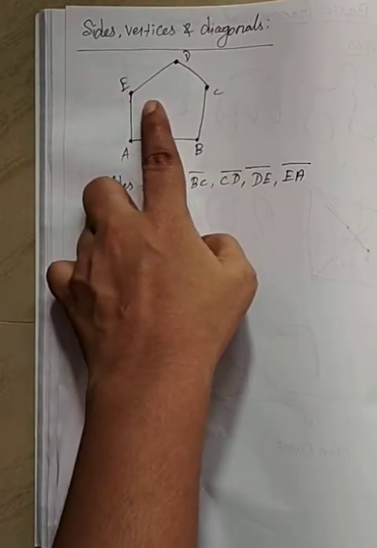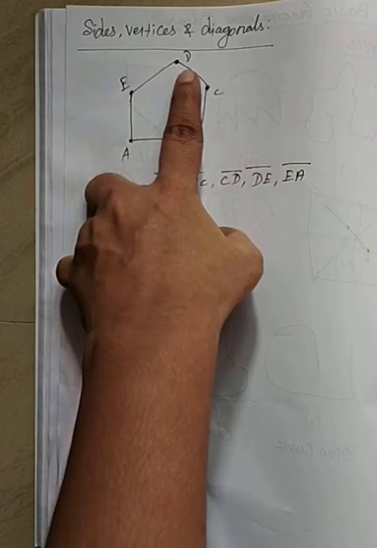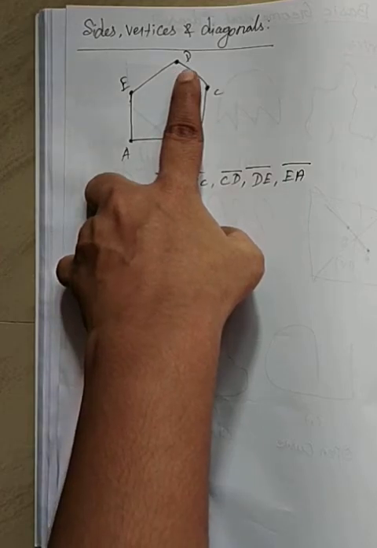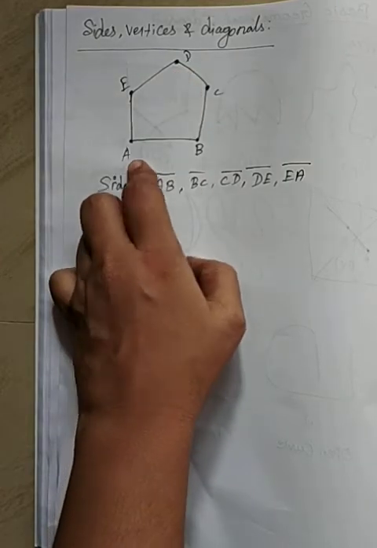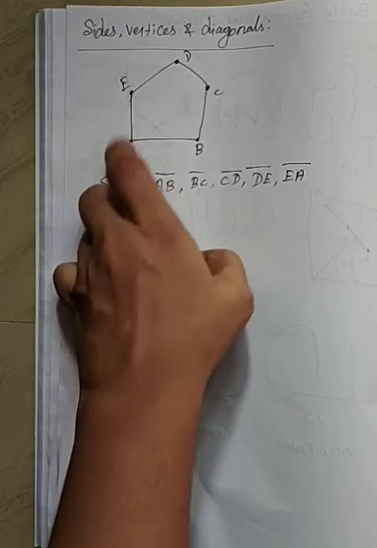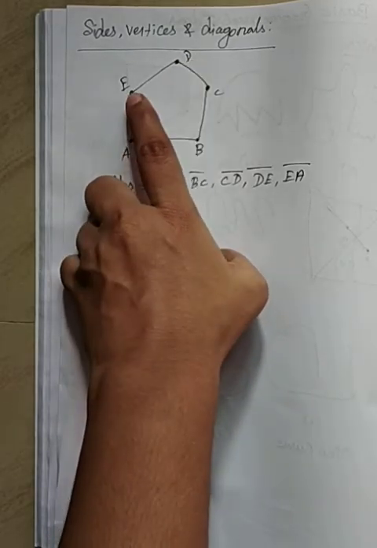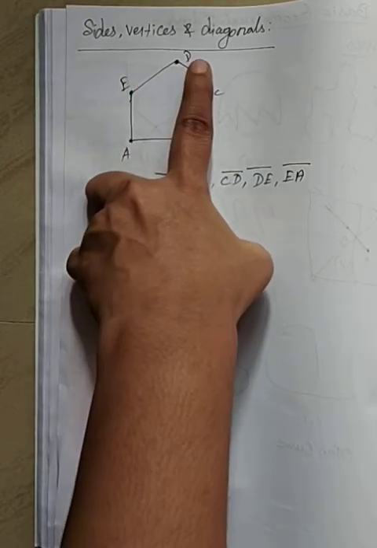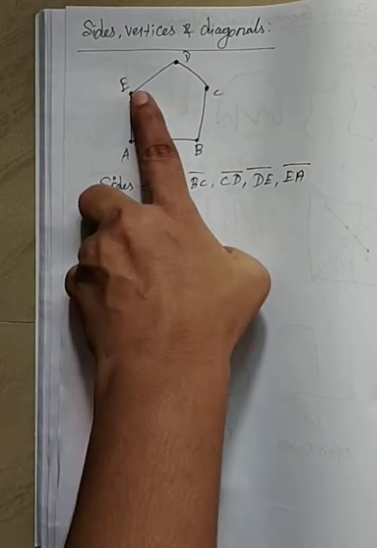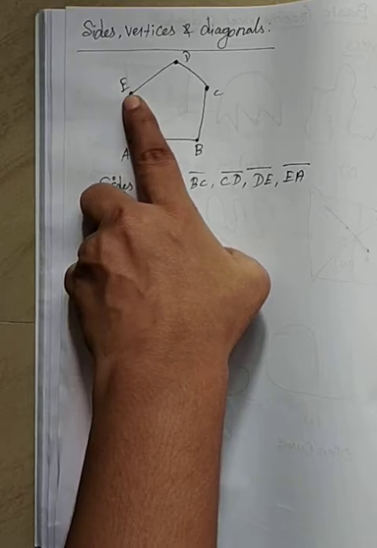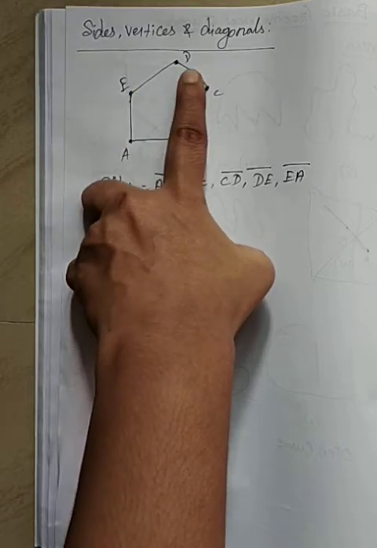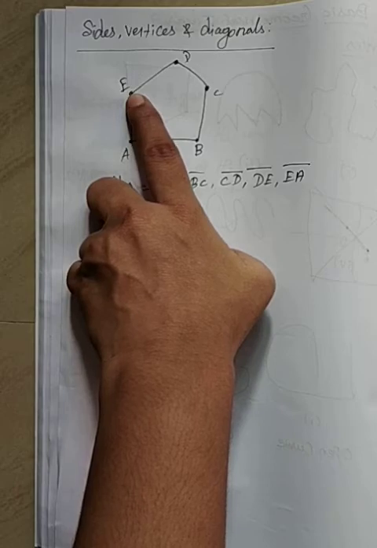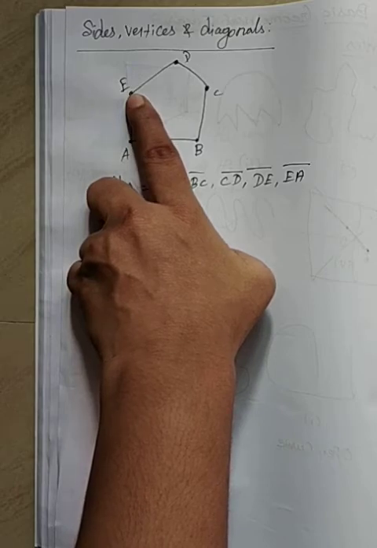Vertices E and D are adjacent, whereas vertices A and D are not adjacent. ED adjacent, why? See here, in AE, E is the end point. Clear? In ED, E is the end point, because these are all line segments.